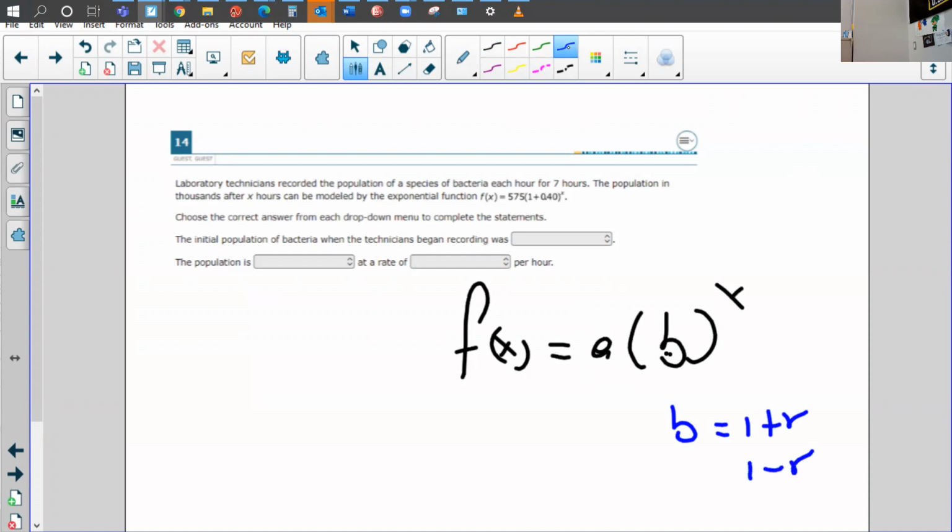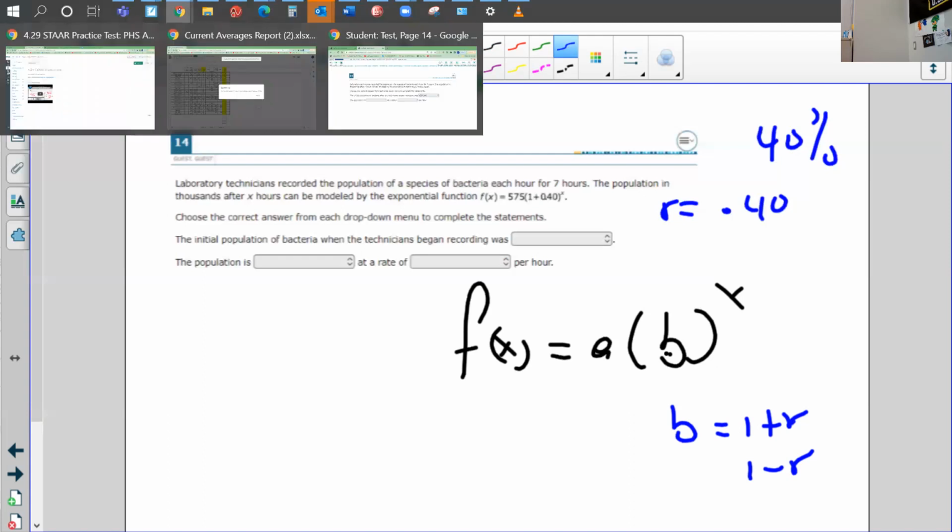That's why they have 1 plus 0.40. So when it's a plus, you know this is a growth, and r in this case is 0.40. That is the rate. The factor is 1 plus the rate. This is in decimal, but if you make it a percentage and multiply by 100, it gives you 40%. So that is the rate. Just make sure you understand that.